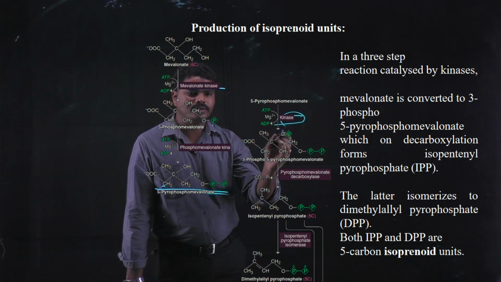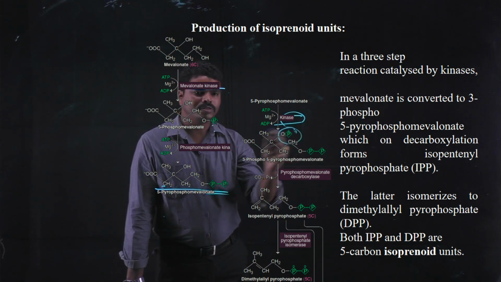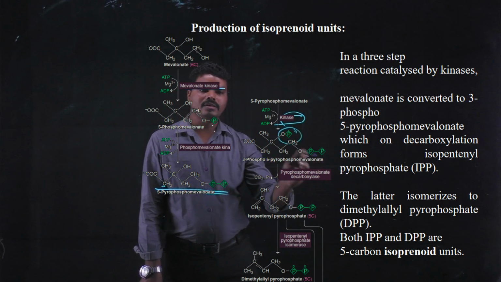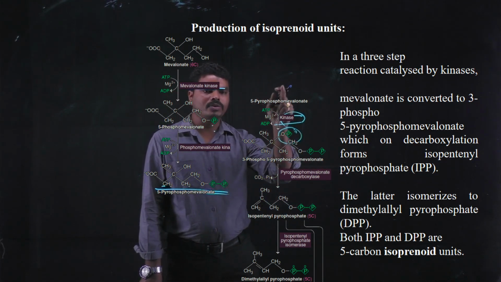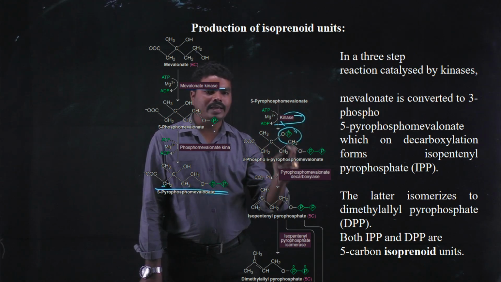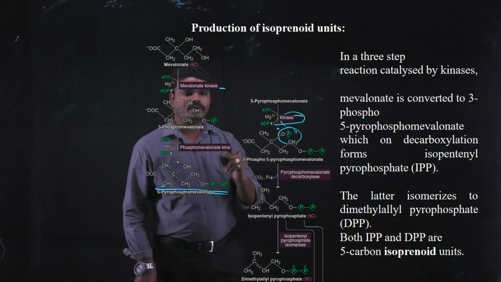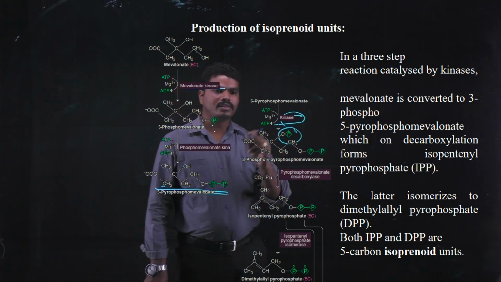So the phosphate group is attached here, at the third carbon. Already two phosphate groups are attached at the fifth carbon, that's why it is called 5-pyrophosphomevalonate. And again a phosphate group is attached at the third carbon, that's why it is called 3-phospho-5-pyrophosphomevalonate.